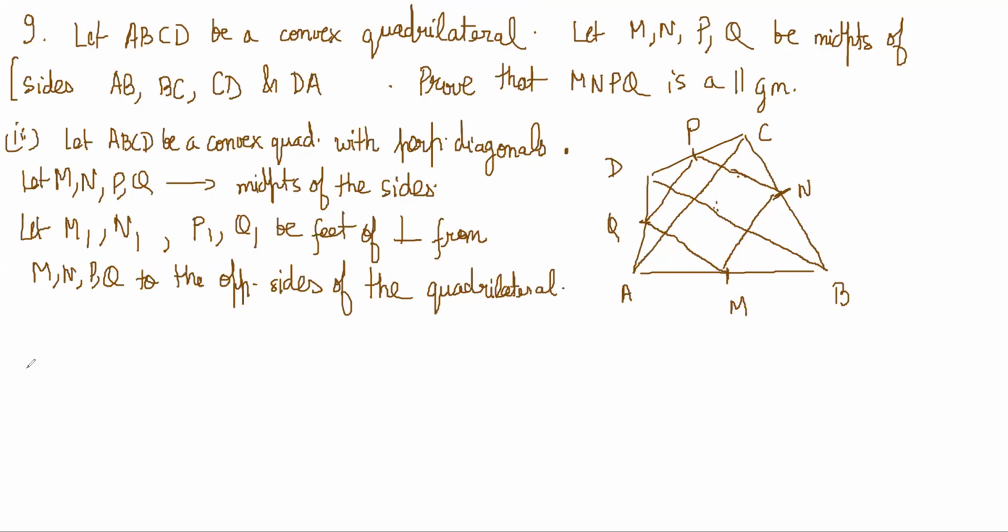Now you have to prove that there is an 8-point circle, that is basically prove that M, N, P, Q, M1, N1, P1, Q1 all lie on one circle.